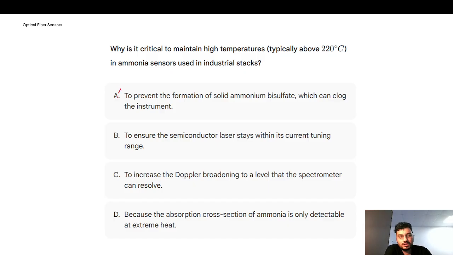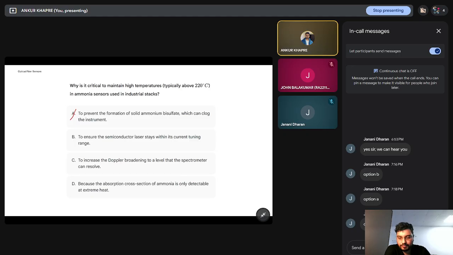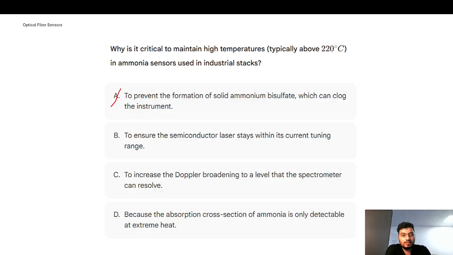So the correct answer is option A. Why is it correct? Because none of the other optics related parts correlate with the temperature. The temperature should be constant, but not in that range for the detection or Doppler broadening. We don't need Doppler broadening here.